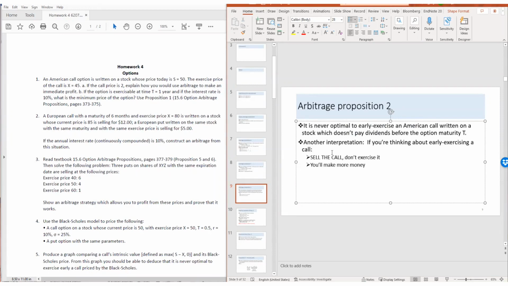If you want to close your position for this call contract, you have 2 different ways of closing it. One is early exercising it, and another way will be just selling the call at the call's market price. If selling the call is more profitable, giving you a higher price than exercising the call, then no one will exercise it early.